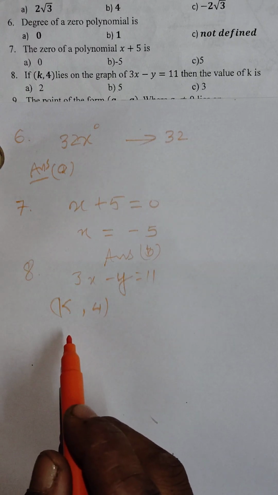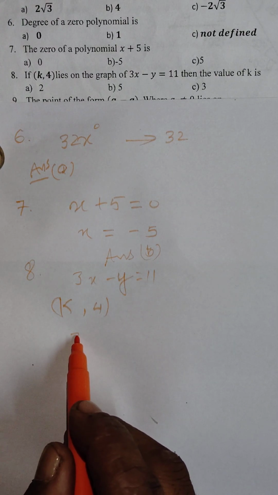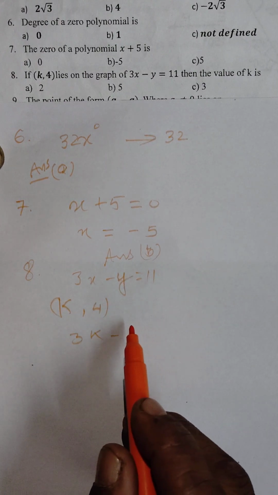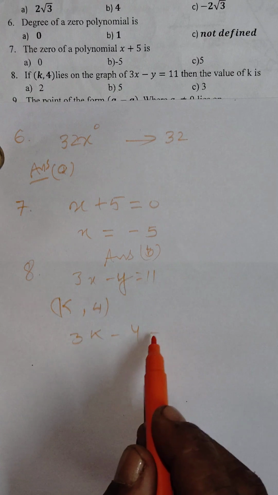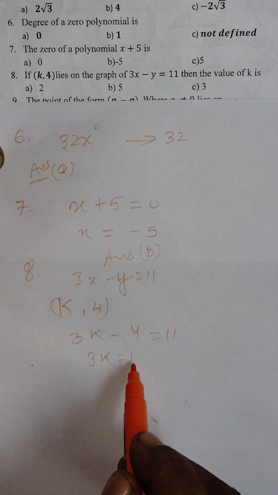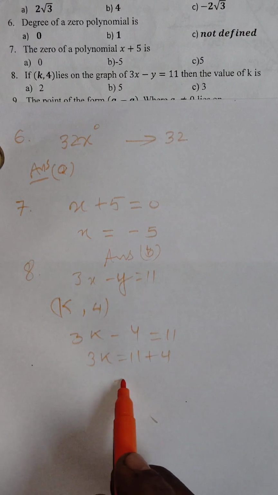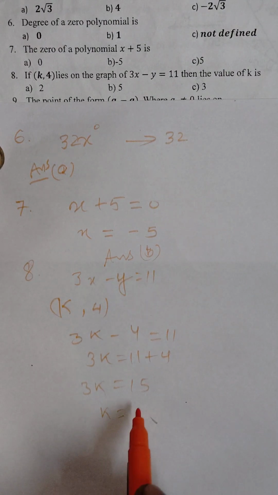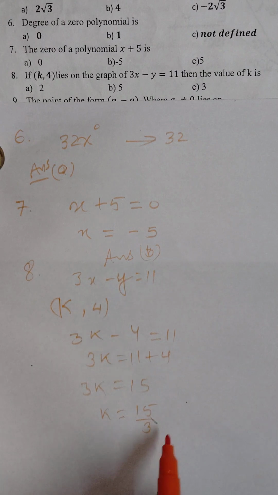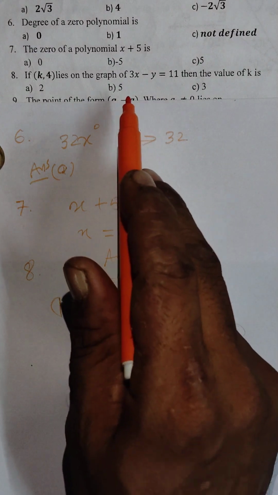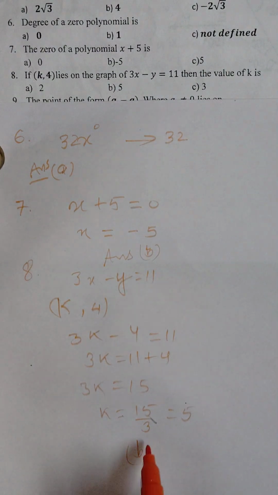So what we do, we plug in x equal to k, so it becomes 3k minus y, and we plug in y as 4, equal to 11. Adding 4 to both sides, we get 11 plus 4. 11 plus 4 is 15. So 3k equal to 15. So k equal to 15 upon 3, which gives us 5. So k equal to 5, which is given in B option, is the answer.